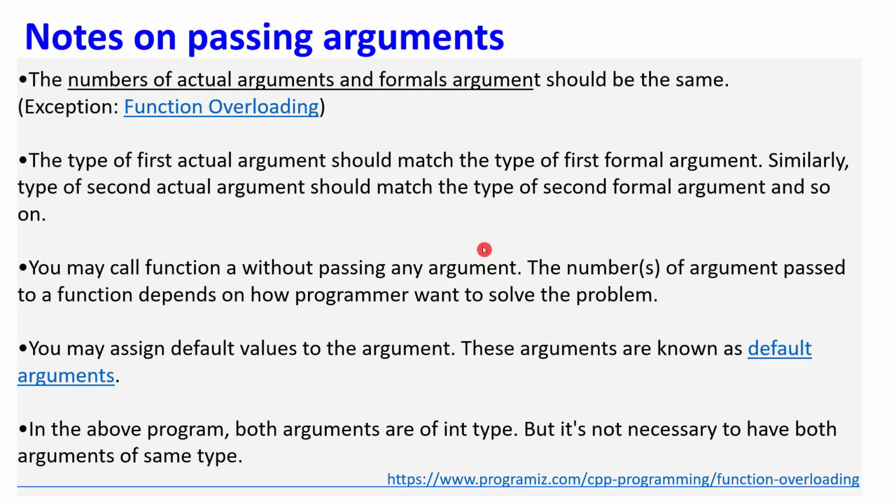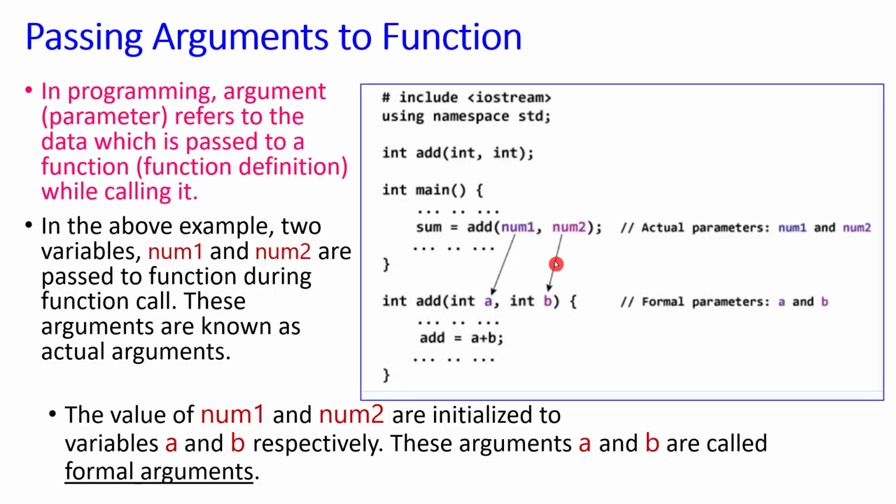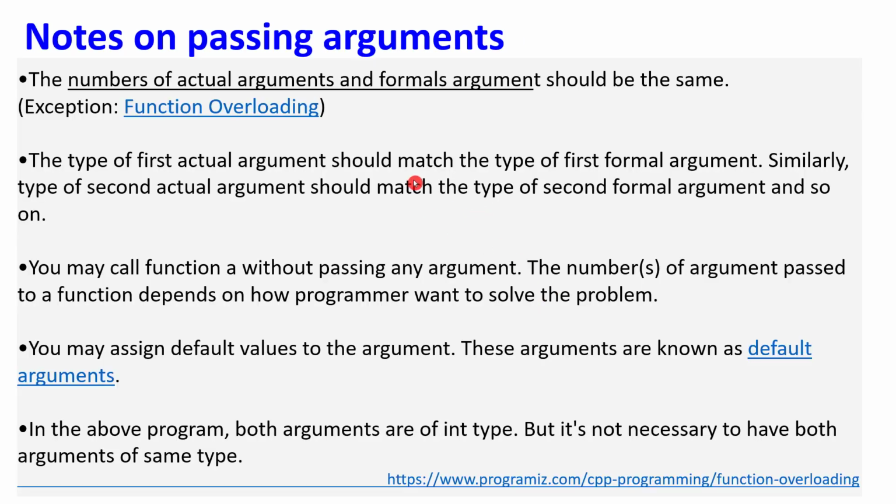There are some guidelines which you should consider while passing the arguments. The number of actual arguments and formal arguments should be the same. In the previous one, number one corresponds to a, number two corresponds to b. So there should be a match between the number of actual arguments and formal arguments.